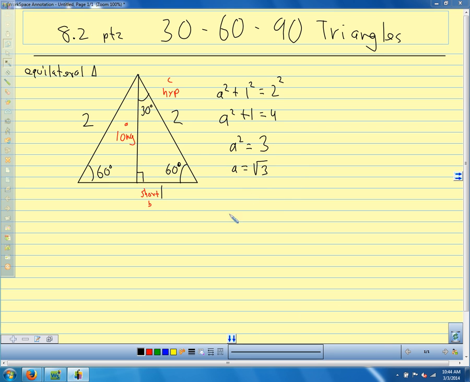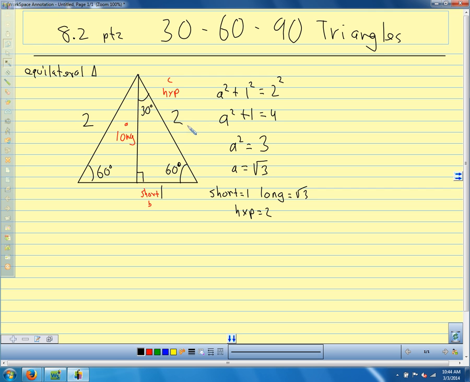All right. So what we have for this one is the short side equals 1. The long side equals the square root of 3. And the hypotenuse equals 2. Well, let's do one more. I'll do less than I did for the squares, because I think we'll see the pattern here.